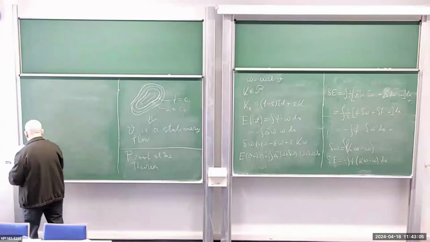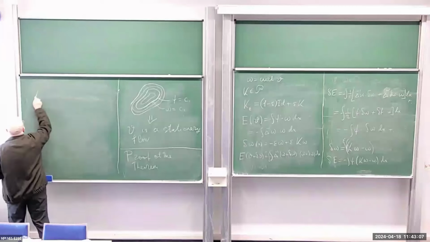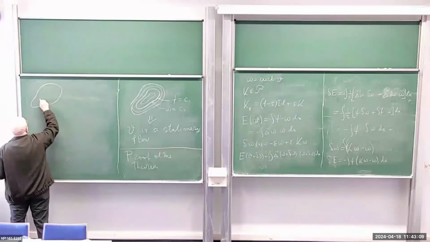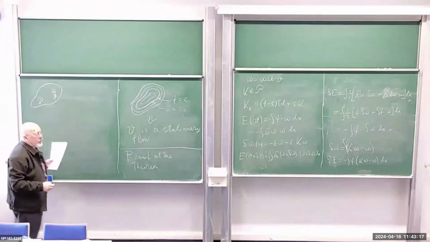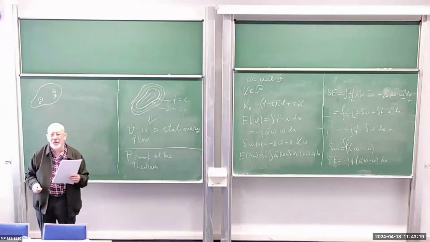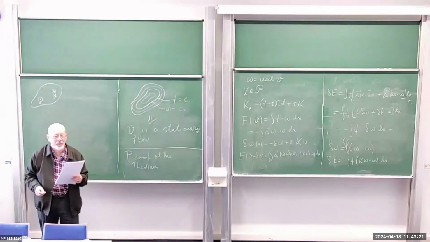And so let us choose the following thing. Let us take 2 points, say point X and point Y. And around these points, let us choose a small disk of small radius.